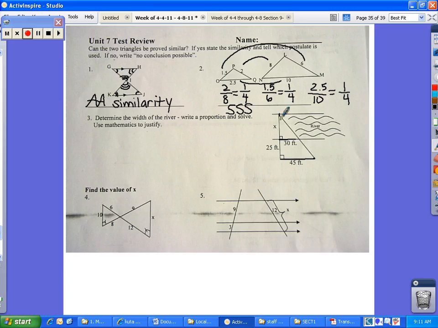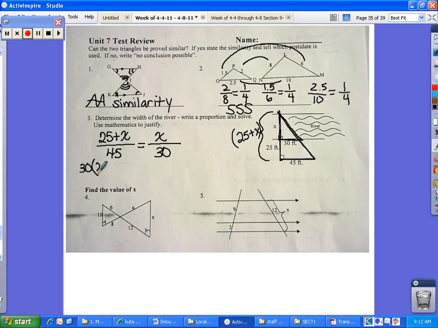So for this triangle, you have to use the base and the side, and then for the big triangle, you also have to use the base and the entire side, which is 25 plus x. Okay, that whole quantity. So therefore, your proportion should look like x plus 25 over the base of 45, that's the big triangle, equals the side of the smaller right triangle to the base of the smaller right triangle.